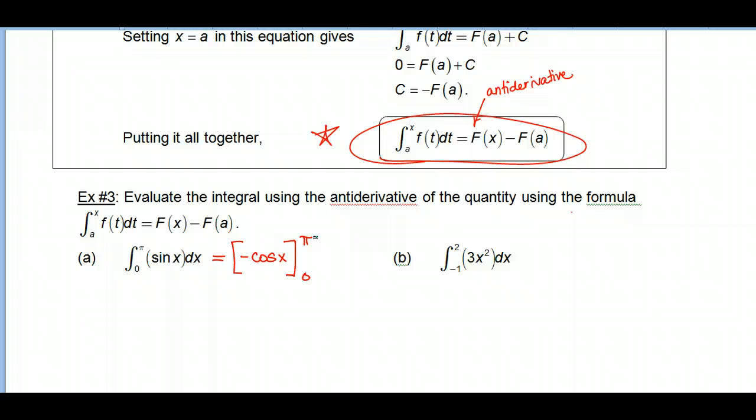I'm going to put brackets around it to show that I want to evaluate this from 0 to pi. So I just put the bounds at the edge of the bracket. So I'm going to plug in negative cosine of pi minus negative cosine of 0.